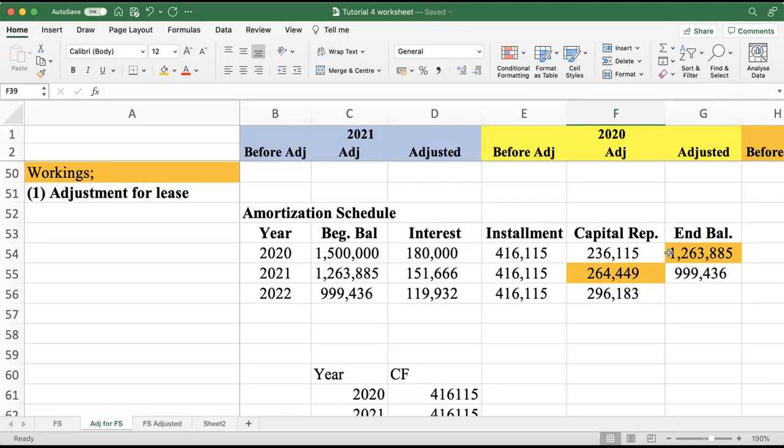So you see total lease creditors 1,264. Out of that, 264 is current proportion, current liability. The balance 1,000 is non-current liability.